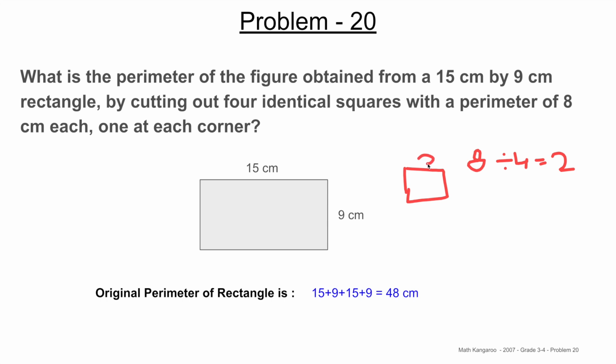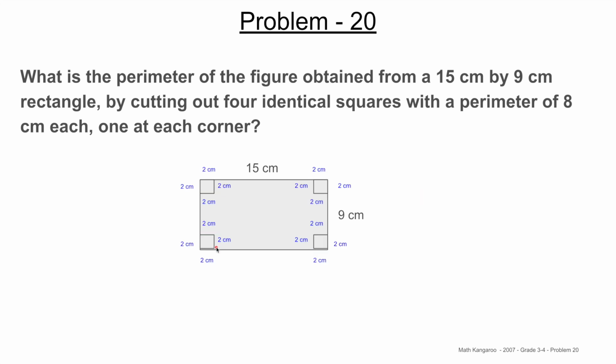So each side of this square is 2 cm. So what we did, we cut the corners of 2 cm out of this square, which looks like this. So after we cut this 2 cm square out of the corner of the bigger rectangle, it looks like this.